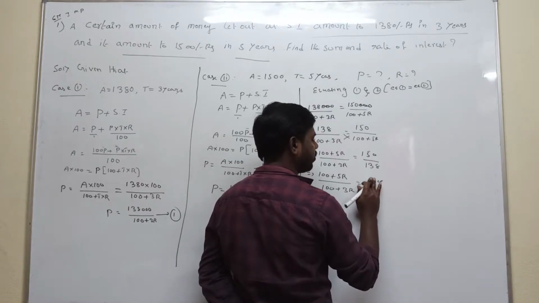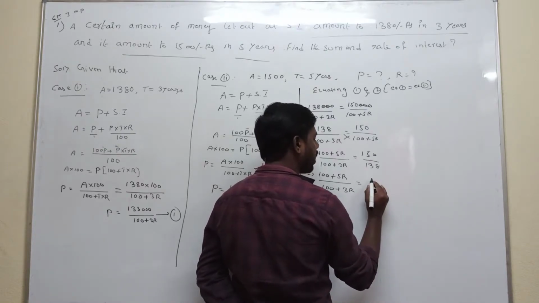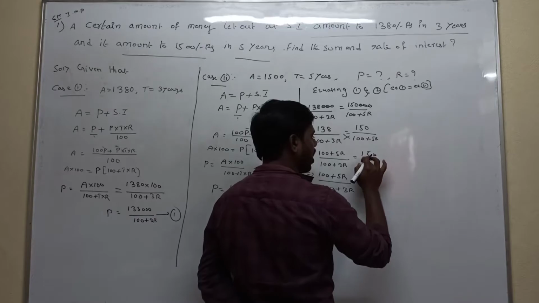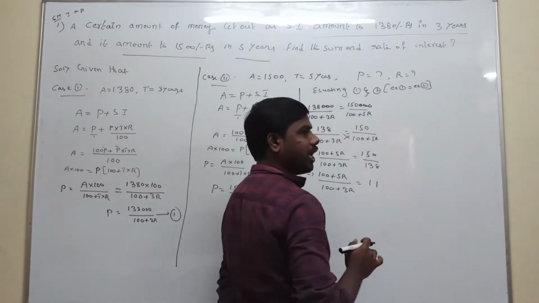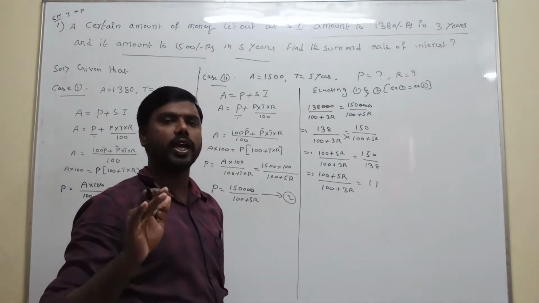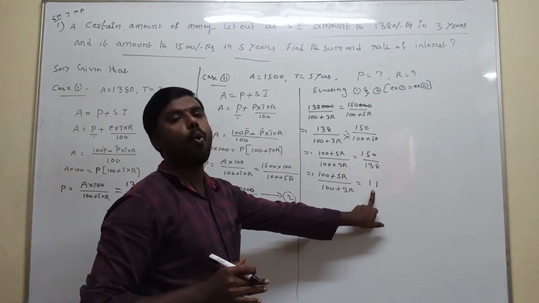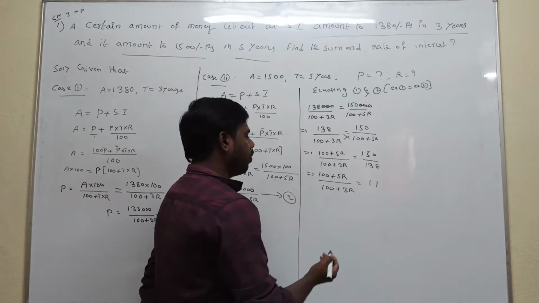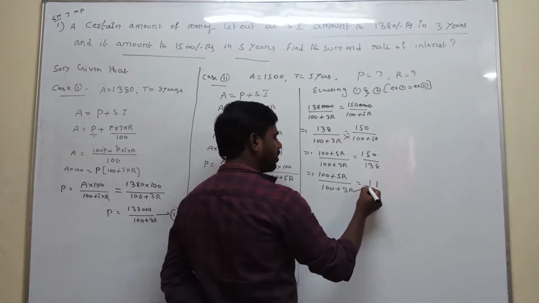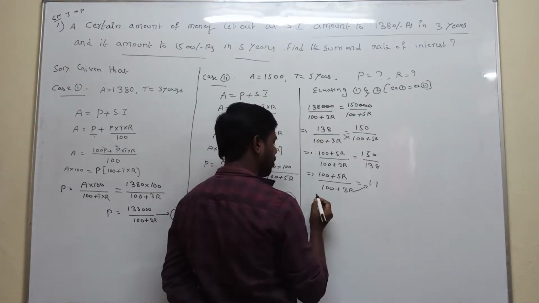The value of 150 divided by 138 is 1.089 something, which we can take approximately as 1.1. Now cross product this value with the right hand side numerator.